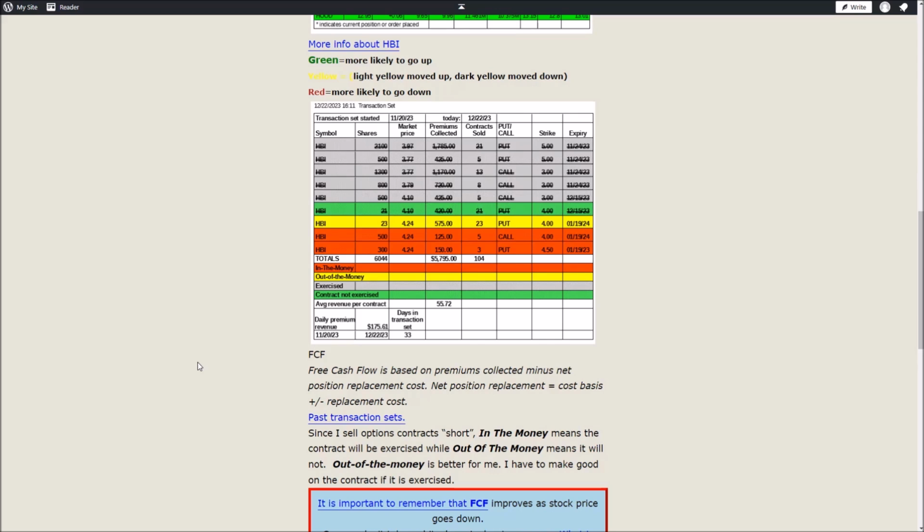This has been a bad year so far. But the last time I ran a report from my broker, which is Robinhood, I had about a 10 or 11% return on investment, which is not bad. And it's not as much work as it seems.